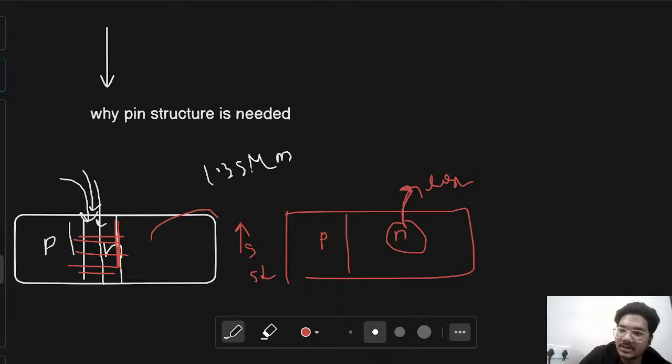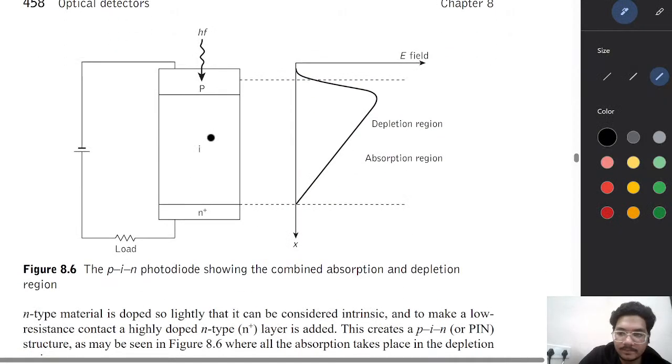The structure of the PIN diode: first we see the P layer, then the I layer, and after that the N layer. The I layer is the intrinsic or very lightly doped layer.